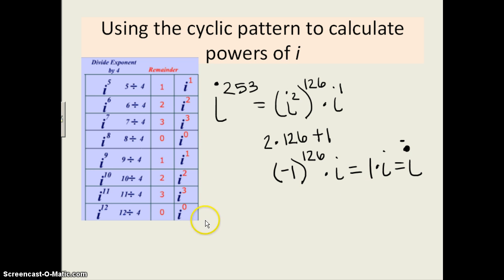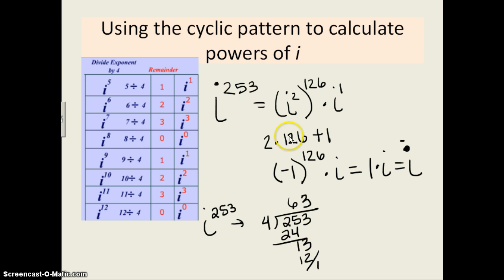All right, let's do it the remainder way. I would do 253 divided by 4, and 4 goes into 253. Let's start here. So we are going to have a 6. 4 goes into 13 3 times. 3 times 4 is 12.